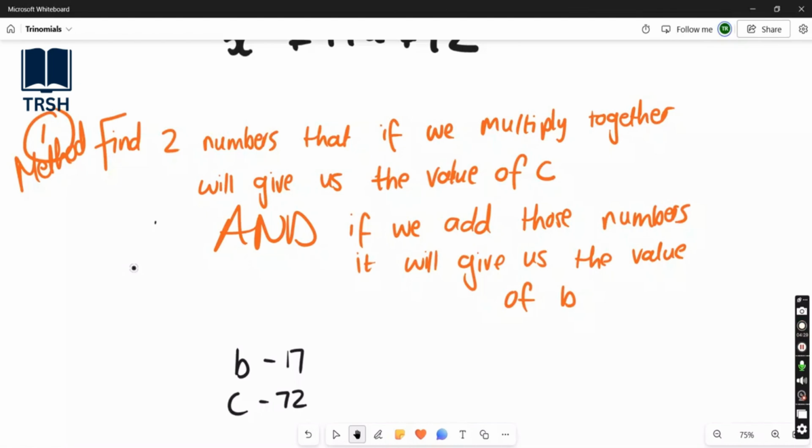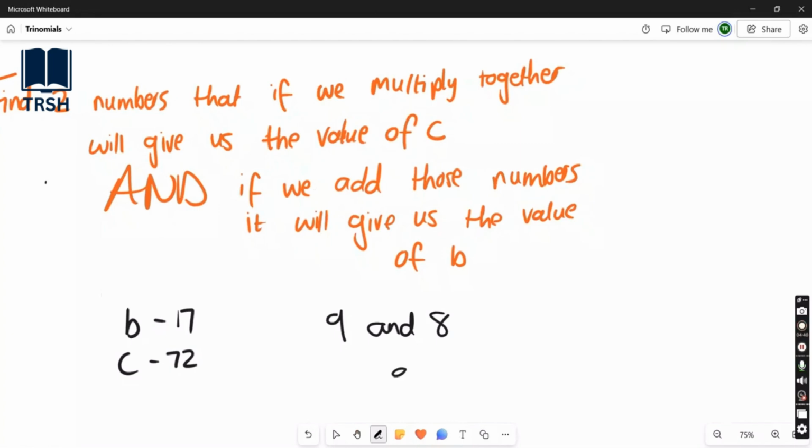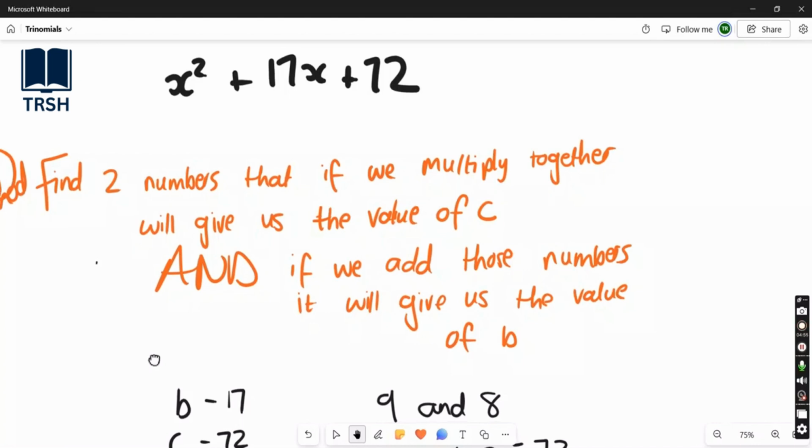Take a minute to think about it, but essentially those two numbers will be 9 and 8, because 9 multiplied by 8 gives us 72, and 9 plus 8 gives us 17. Then that gives us our brackets.